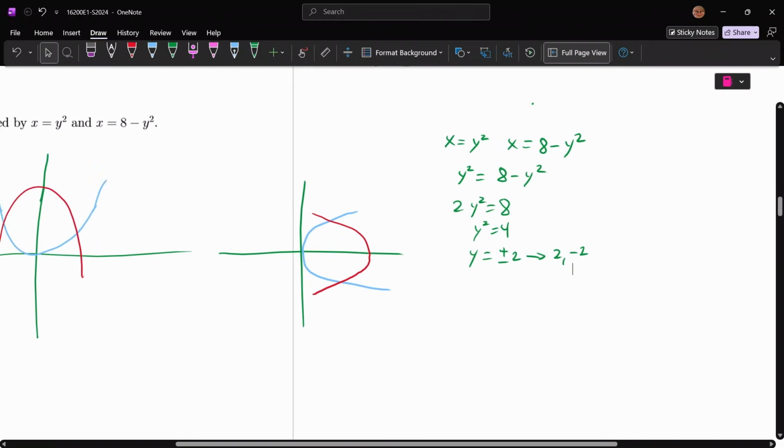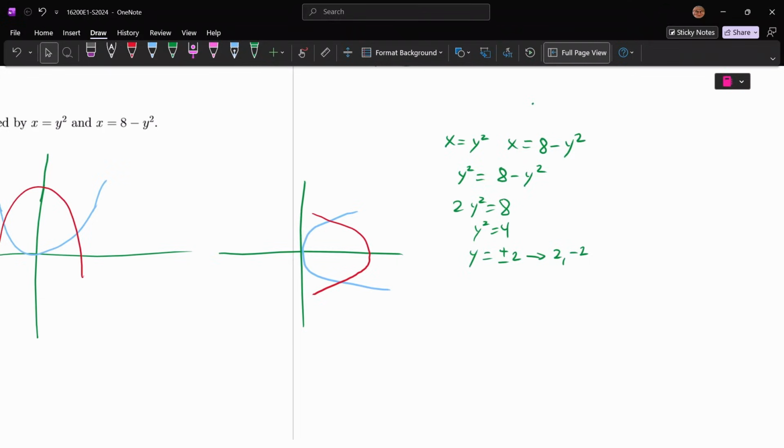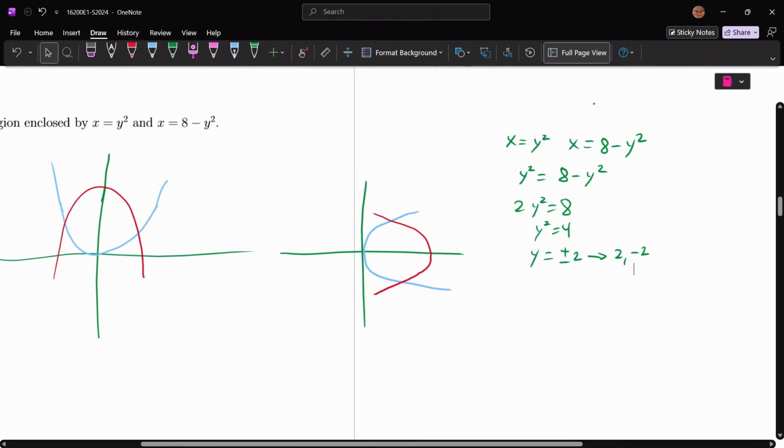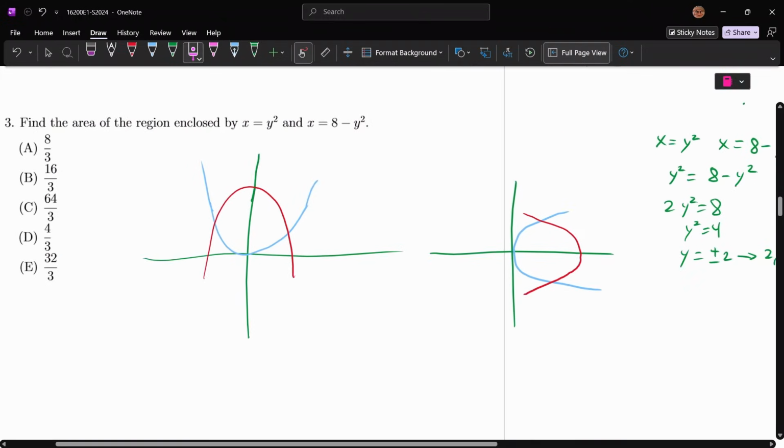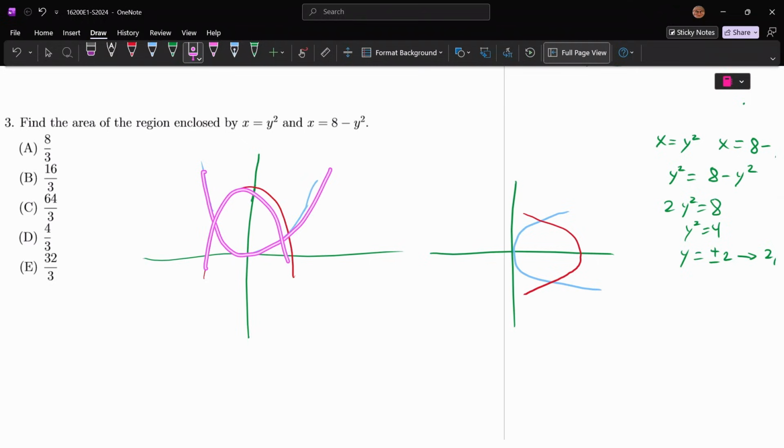But since we're finding the area between two curves, you also need to figure out how to set up those two equations within your integral. This is the part that I was saying was tricky, because usually in the normal case, let's say it did look like this, you would just end up subtracting this blue function from the red function, right?